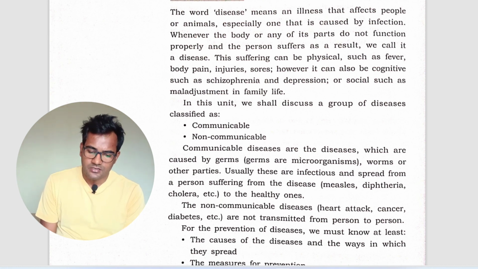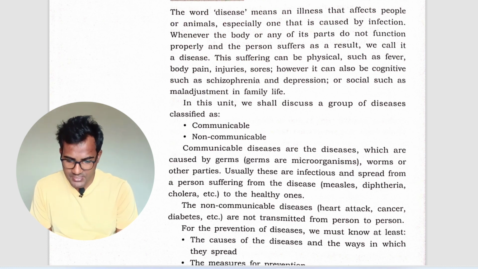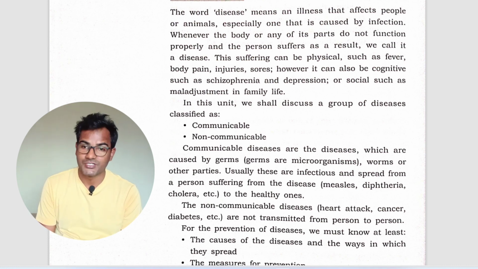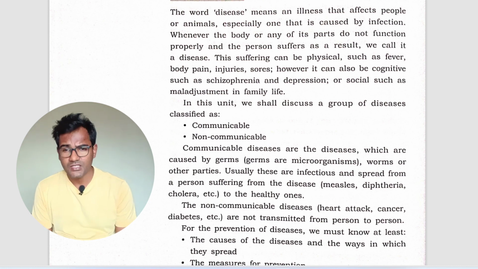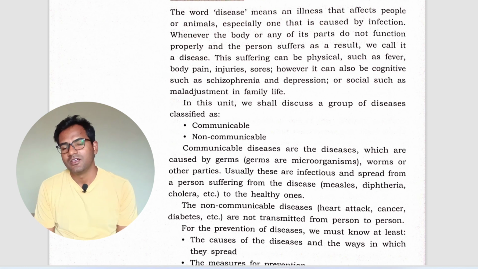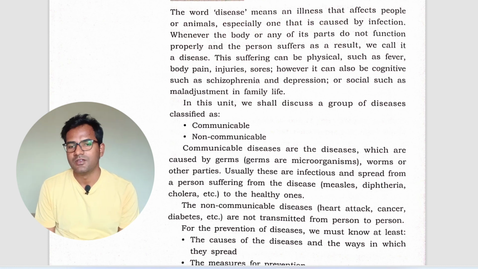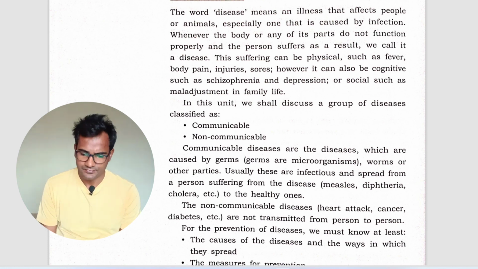When we say somebody is not well or is suffering from disease, it's a very, very broad term. It does not mean only that you are having fever, stomach pain, or headache. When we talk about diseases, it also means the relationships we have with our family members, our relatives, our near and dear ones, right?